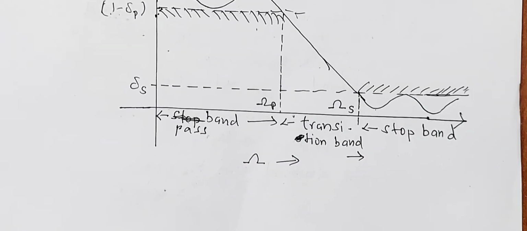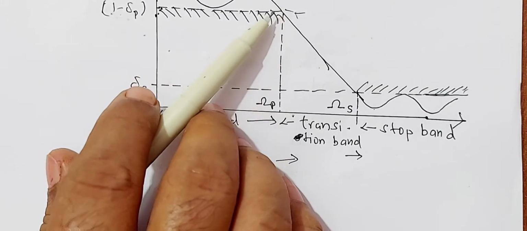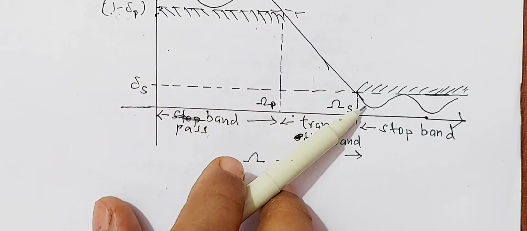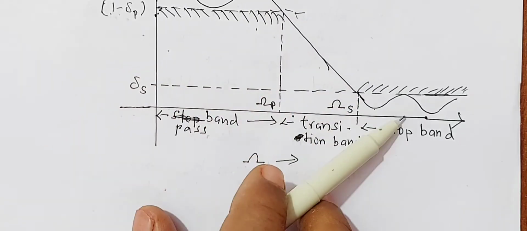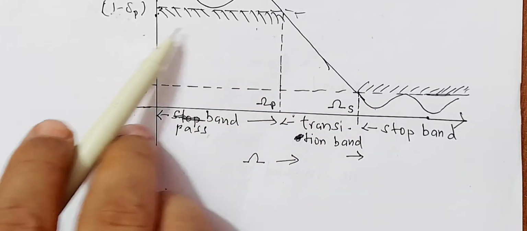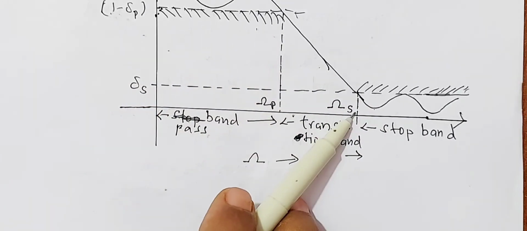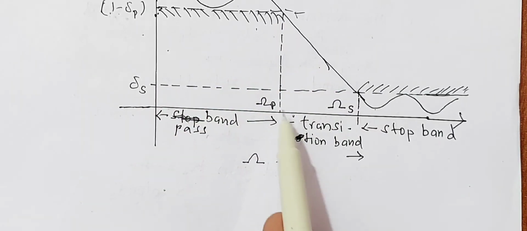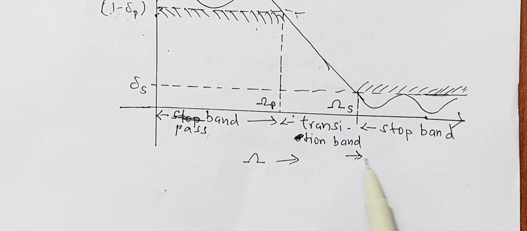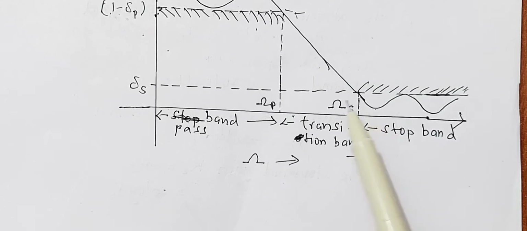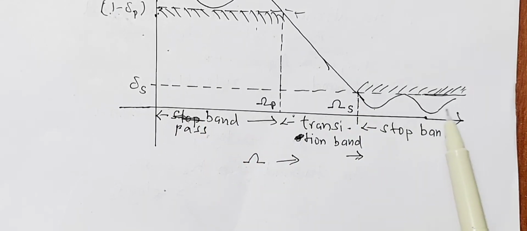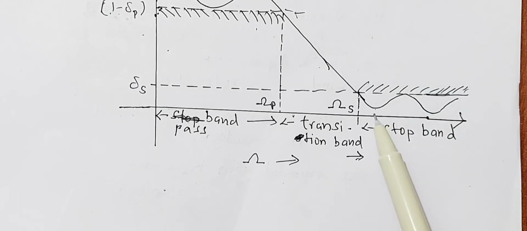And after that, the magnitude response decreases from one state to the next state, from pass band state to stop band state. This is called transition band. After the transition band, the value almost decreases to 0. But it is not exactly 0.